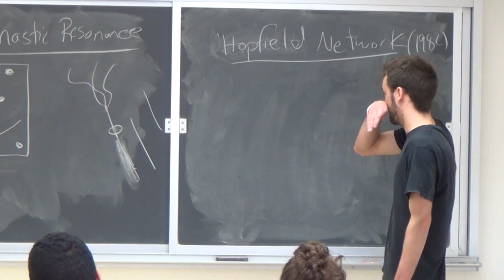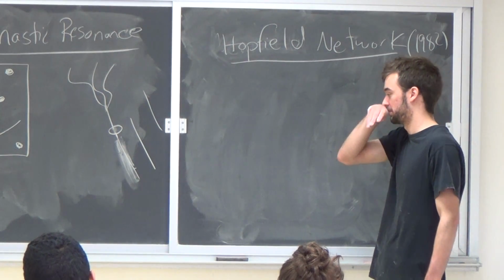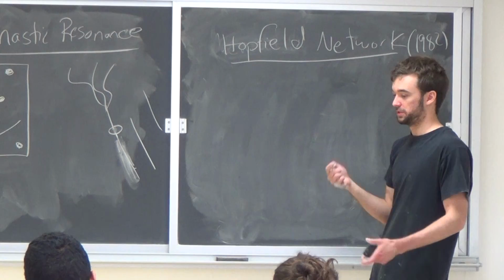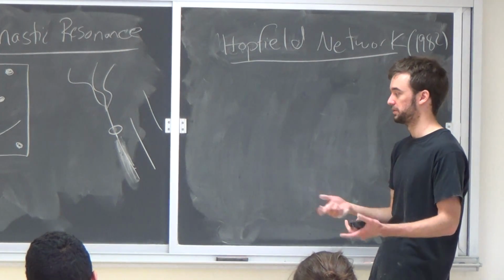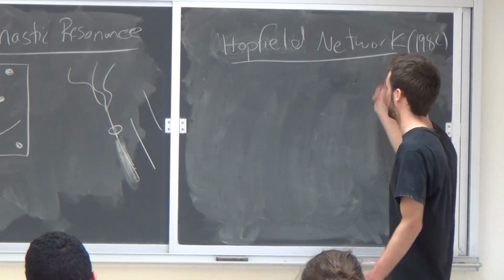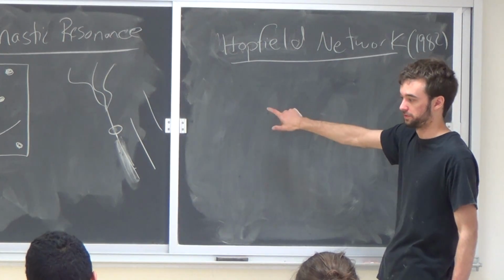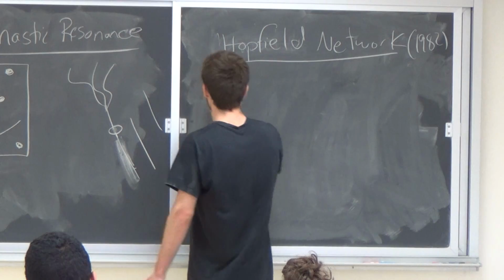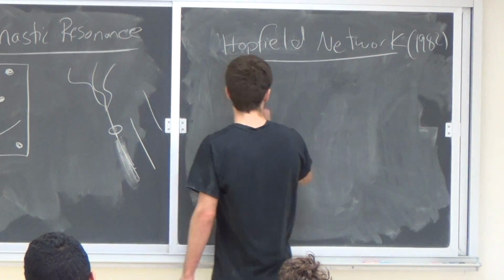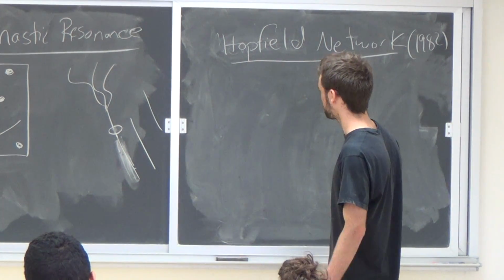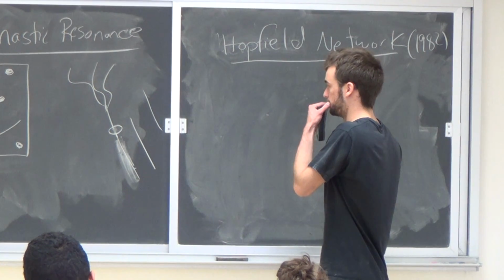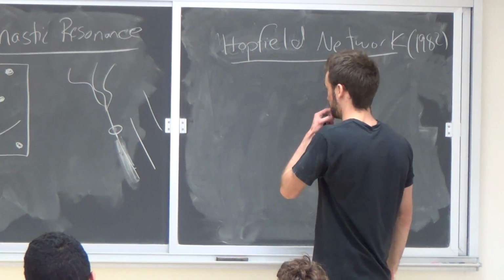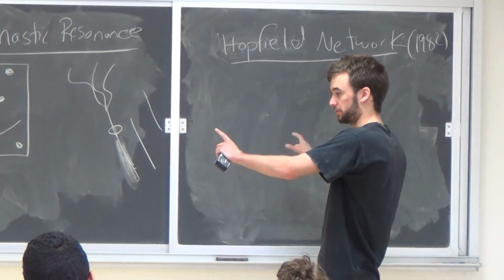If you've studied physics, you might have come across the Ising model, which describes how electron spins interact with each other, and effectively he used that sort of model. Instead of writing out the actual math, I'm just going to draw the concept of this Hopfield network.